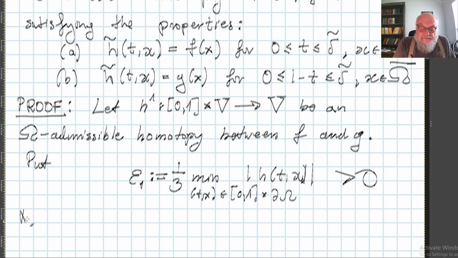Next, by the Weierstrass theorem, every continuous map can be approximated by a smooth map.